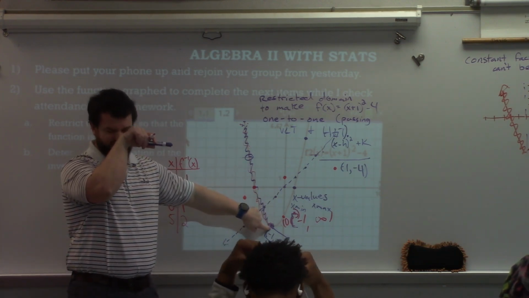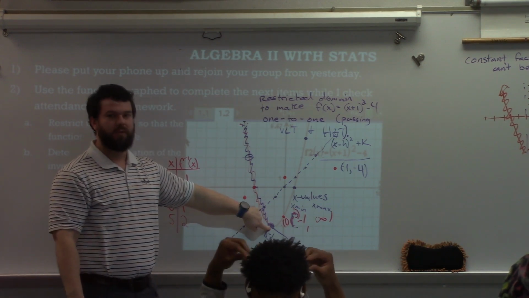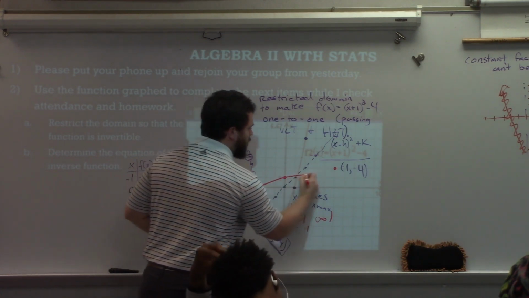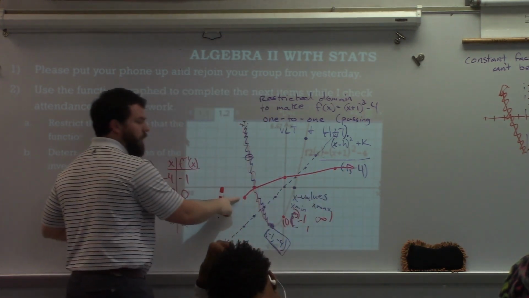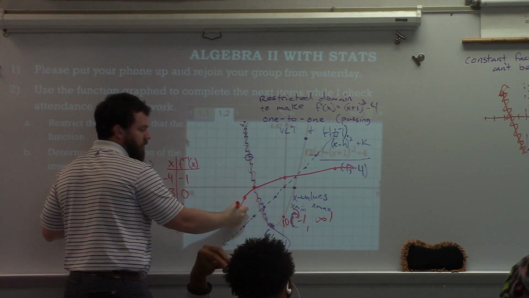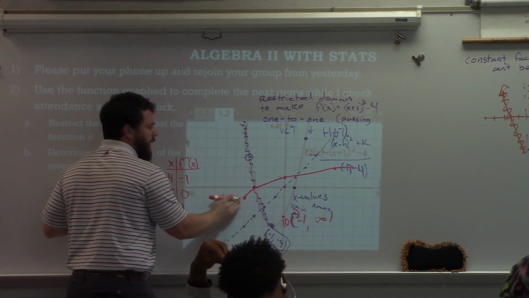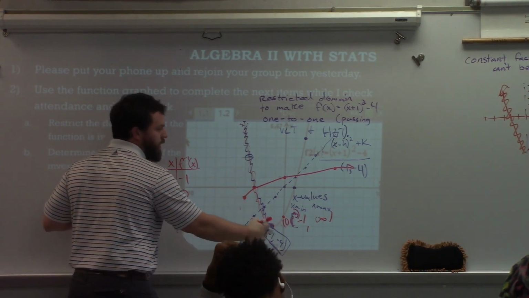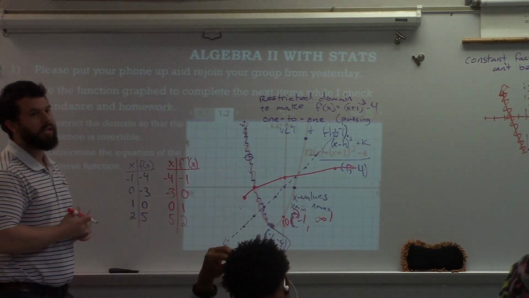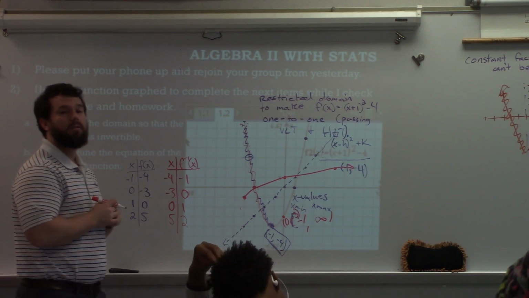Wasn't that the original vertex? So when I draw this curve right here, this is the vertex of my parabola. So am I going to go past it? No. You stop at the vertex because that's where we stopped right here. Alright, there's my inverse function. All I had to do was transpose my inputs and outputs.